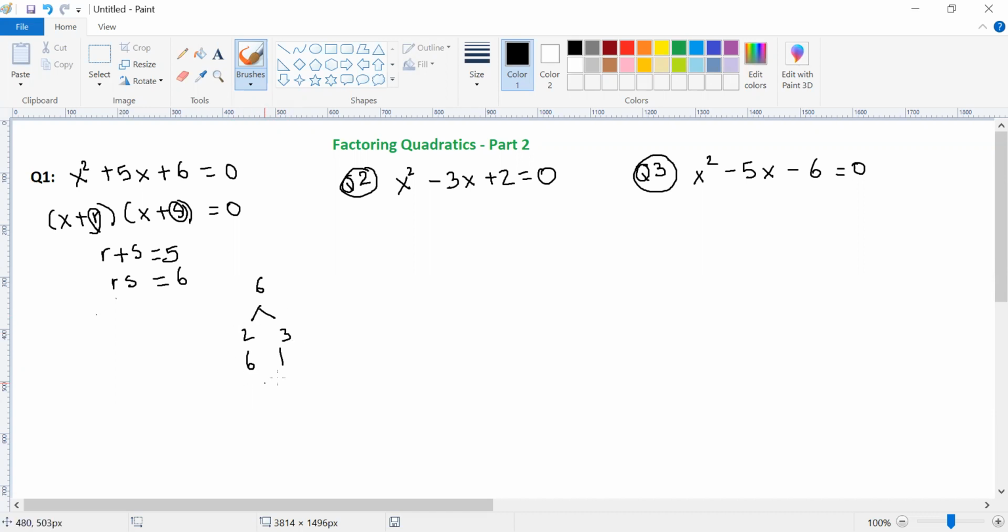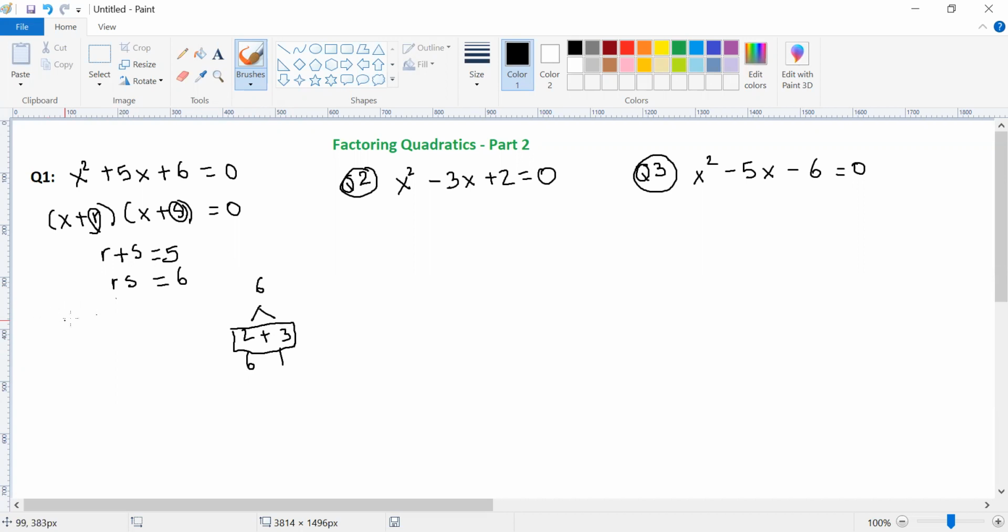Out of these two factor pairs, what we see is that it has to be 2 times 3, because 2 plus 3 is equal to 5. So now we're simply going to write this in factored form, because now we know what r and s are equal to.